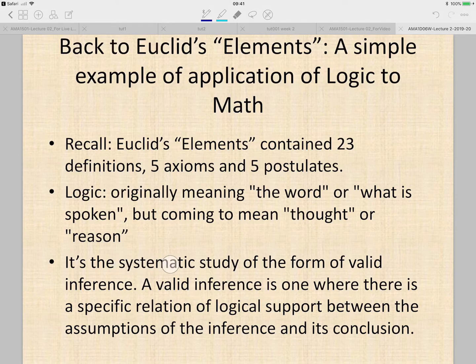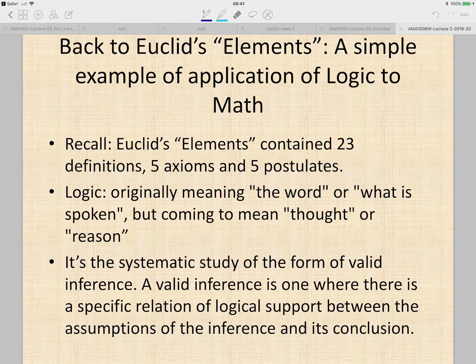So logic is the systematic study of the form of valid inference. A valid inference is one where there is a specific relation of logical support between the assumptions of the inference and its conclusion. You can take many logic courses. Logic is the underpinning element of all science, especially computer science and engineering.